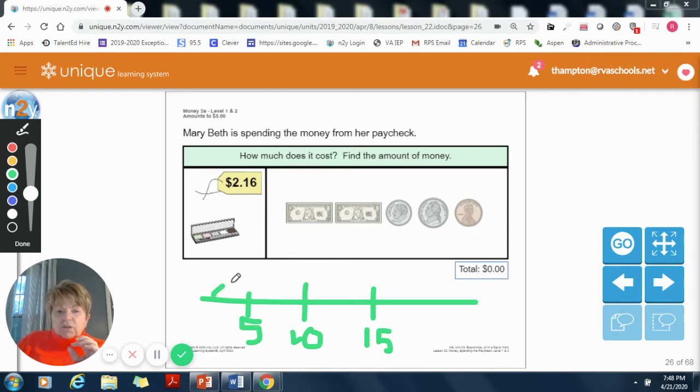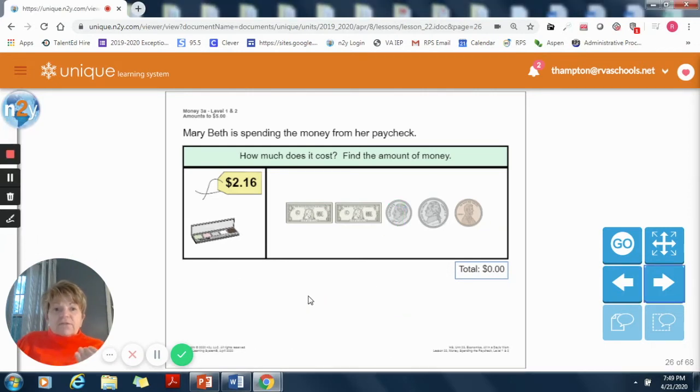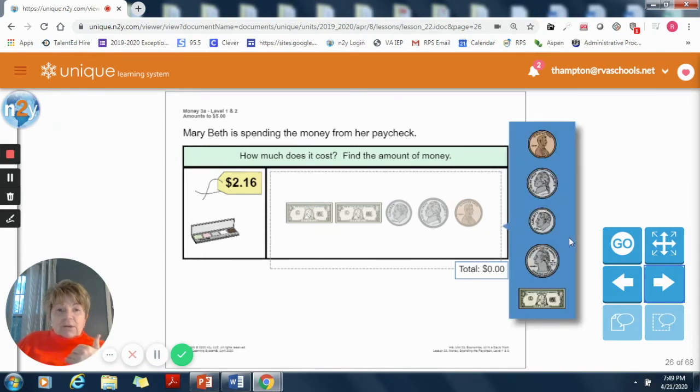So they took these 2 nickels and put them together to equal a dime. And there's our dime. And then they just had 1 more nickel and a penny. So lots of different combinations. This combination has the least amount of coins in your pocket at any one time.